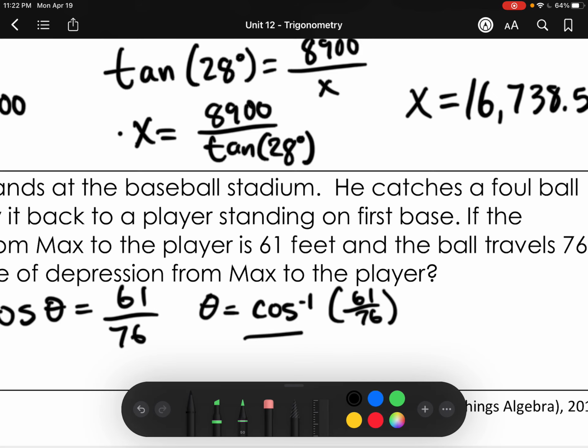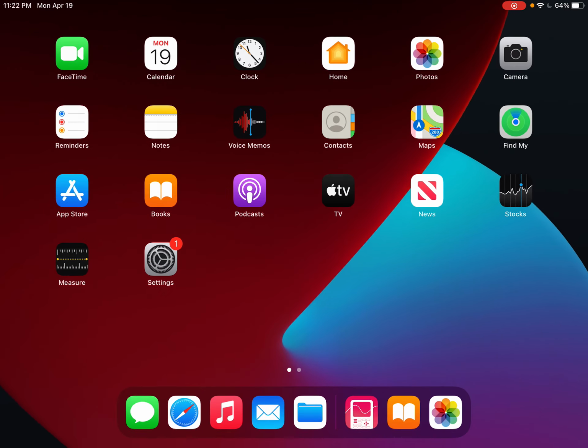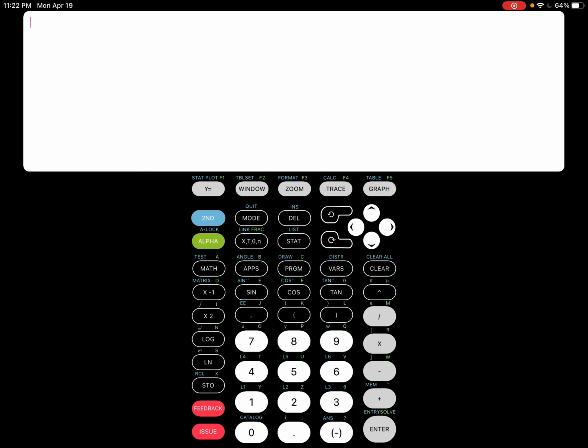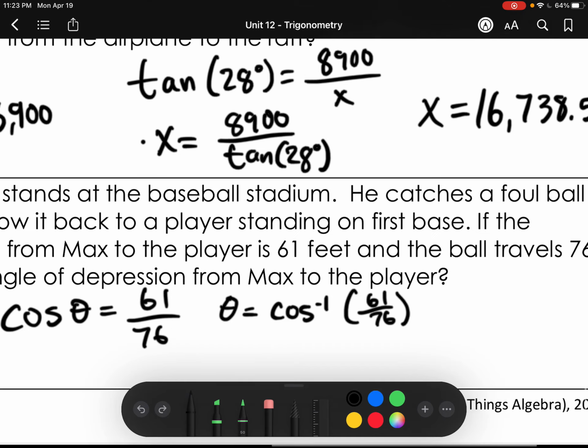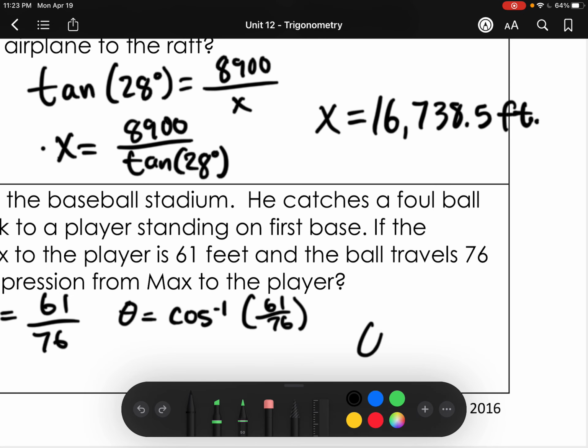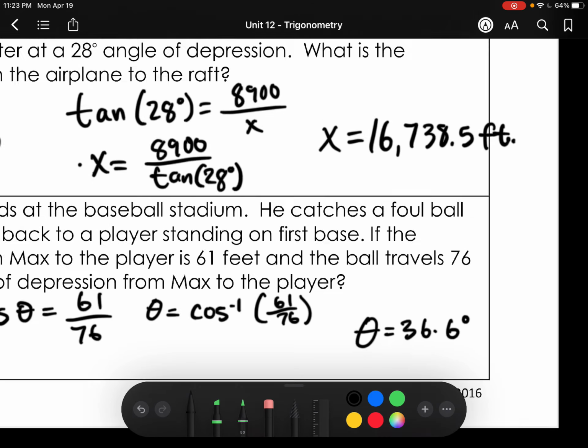So you're going to go into your calculator, type in second, and cosine gives you the inverse of cosine of 61 divided by 76. And you get 36.61. So we'll round down to 36.6. So theta is equal to 36.6 degrees.